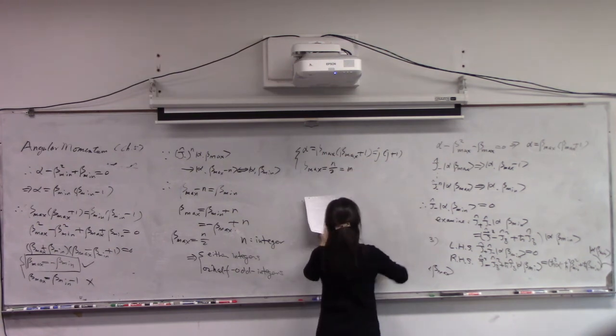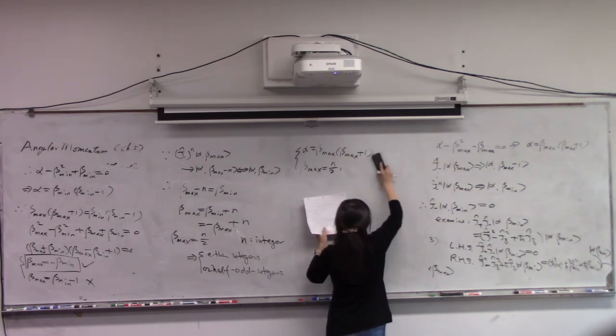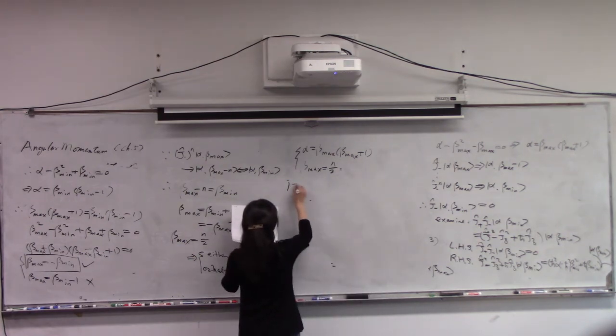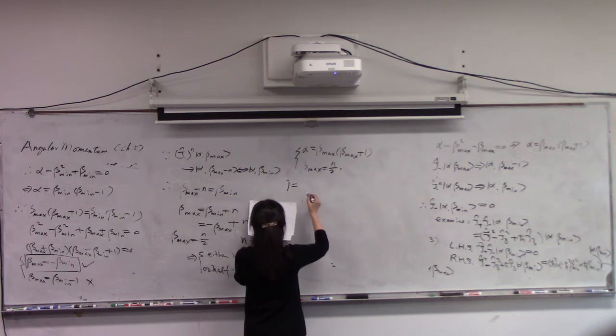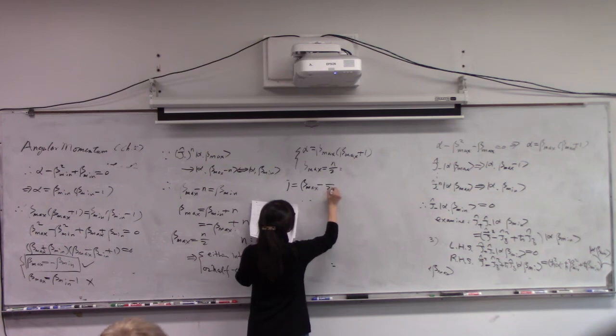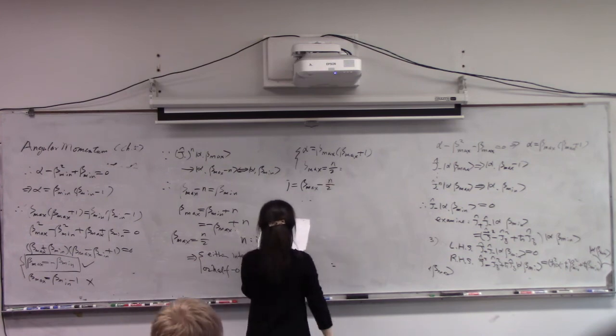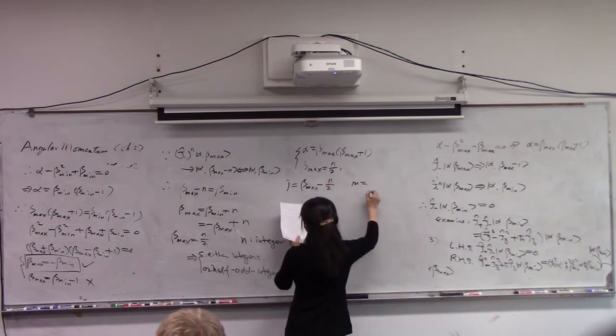So we have introduced J. J is equal to beta maximum, and we are going to introduce m as beta.